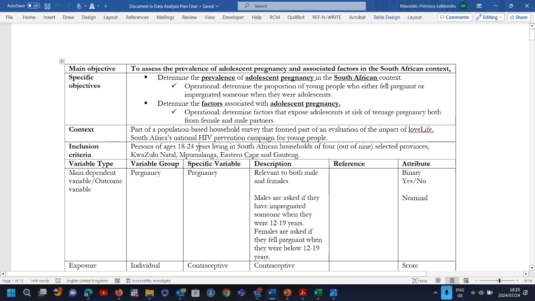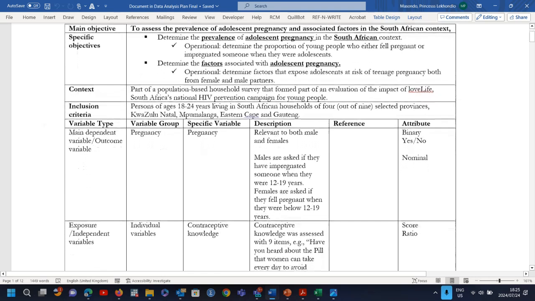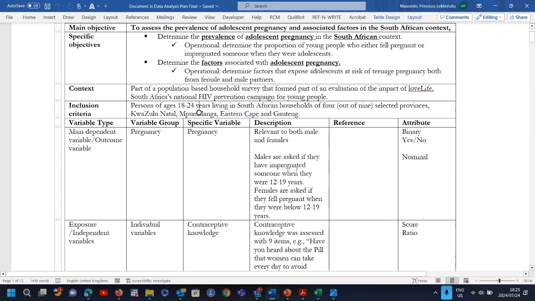The South African context that they spoke about is actually 4 provinces out of the 9 provinces, listed here. It's showing everything, even what we have not covered. But the main variable, the outcome, is about pregnancy, and then you describe it. You write, males are asked if they have impregnated someone.